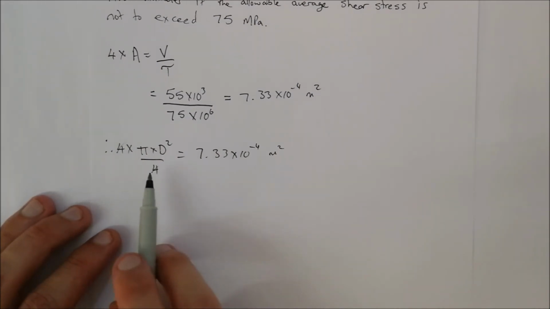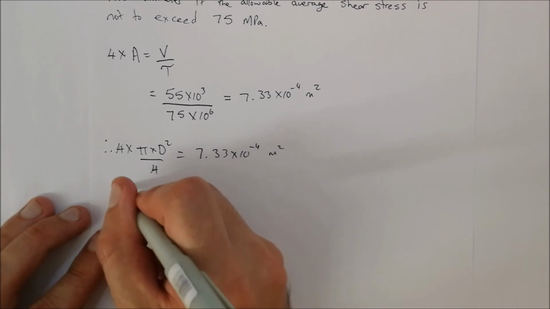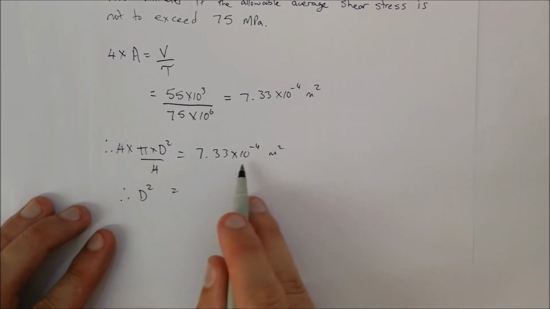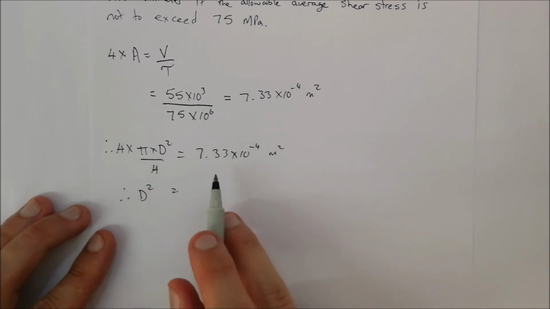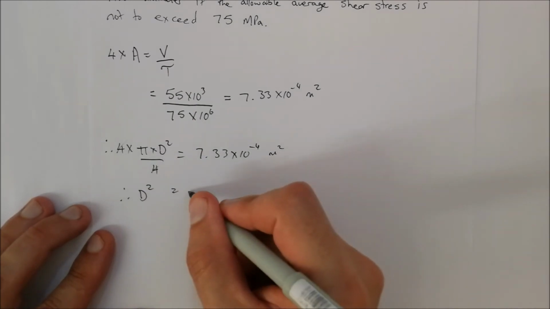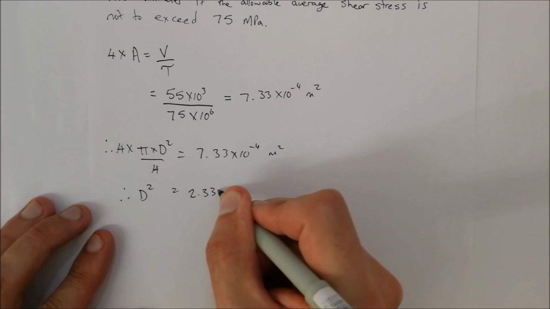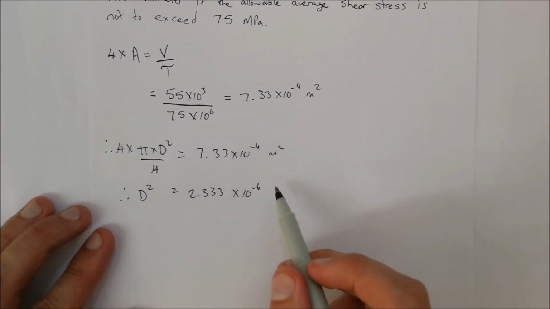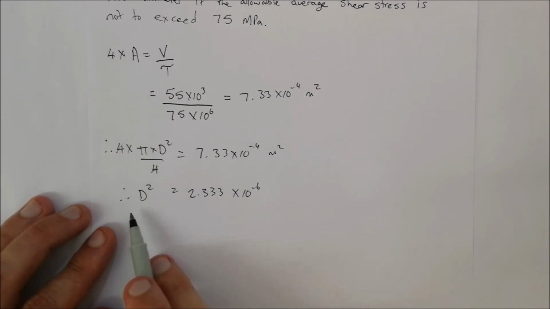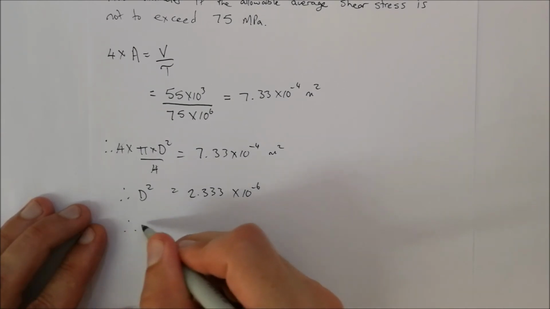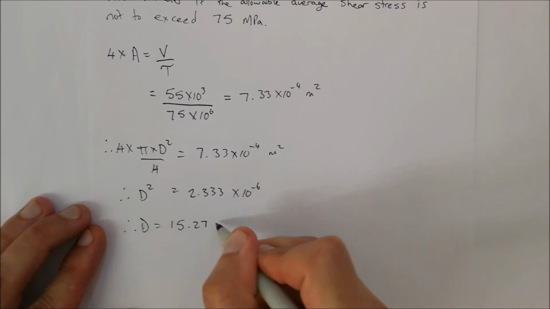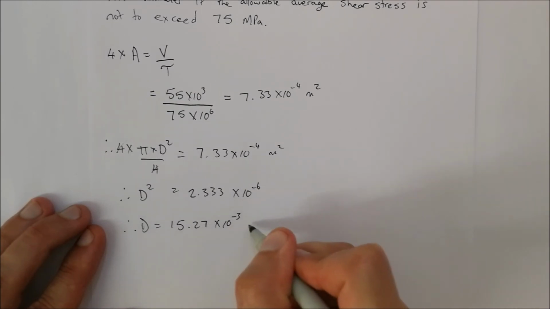Essentially d squared is equal to 7.33 times 10 to the minus 4 divided by pi. Okay, and that will be equal to 2.333 times 10 to the minus 6. Now we've got to calculate d, so we take the square root of both sides, so therefore d is equal to 15.27 times 10 to the minus 3 meters.